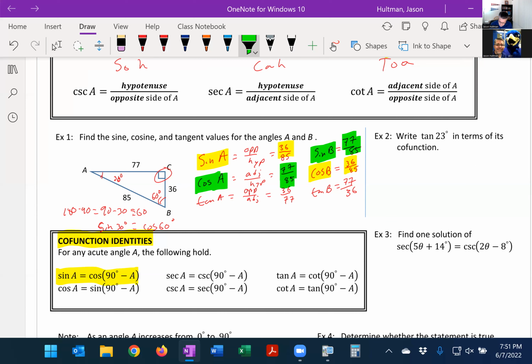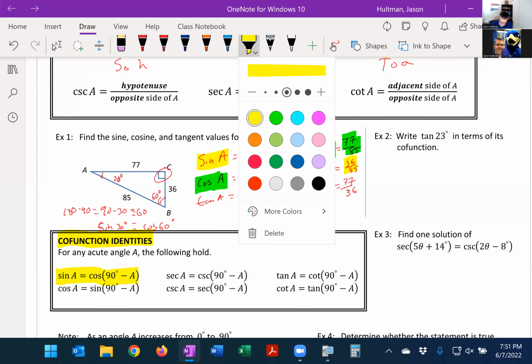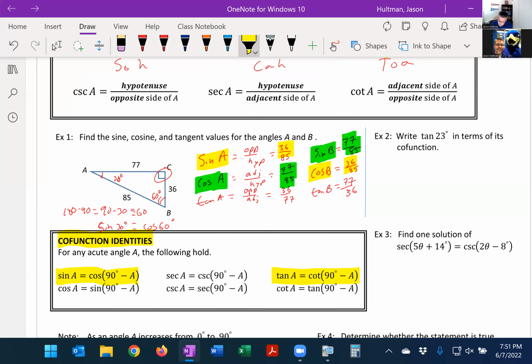So let's go to the one that involves tangent here. That's this one. In terms of the cofunction, the cofunction of tangent is cotangent. So we're going to say that the tangent of 23 degrees is equal to the cotangent of 90 minus 23.